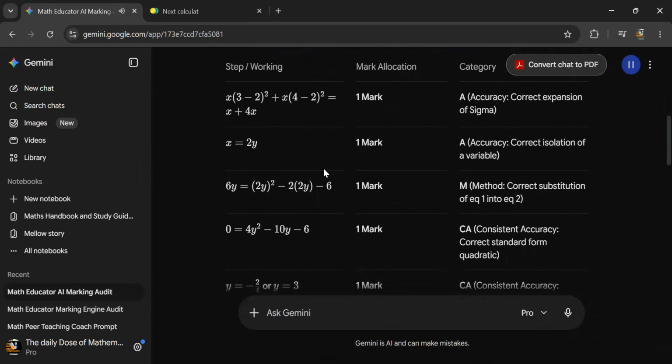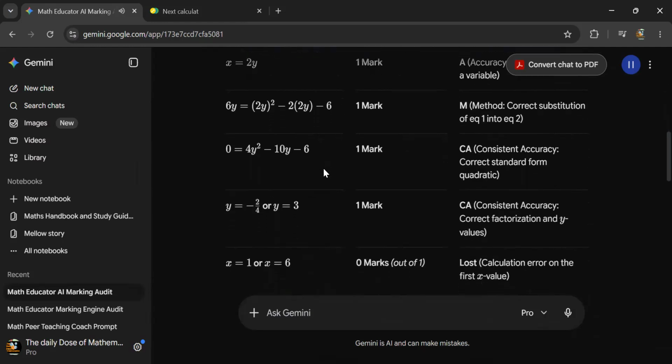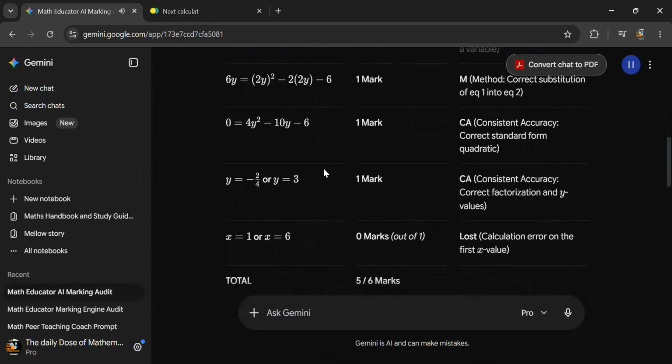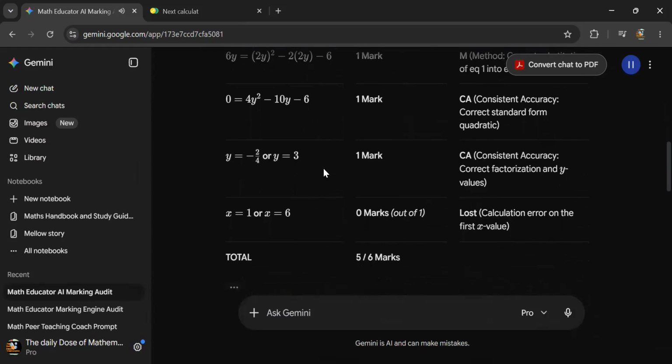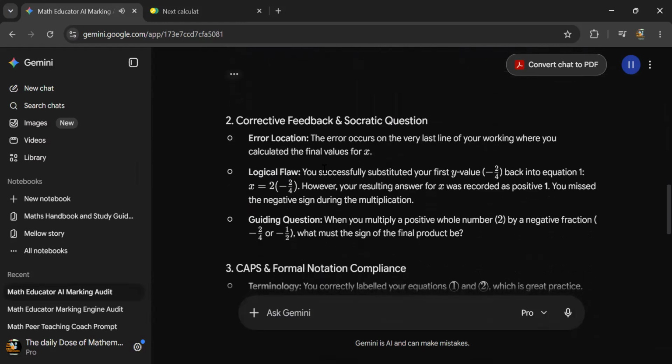Correct substitution of EQ1 into EQ2, 1 mark, method. Correct standard form quadratic, 1 mark, CA, consistent accuracy. Correct factorization and y values, 1 mark, CA, consistent accuracy. Calculation error on the first x value, 0 marks out of 1, lost. Total, 5 out of 6 marks.